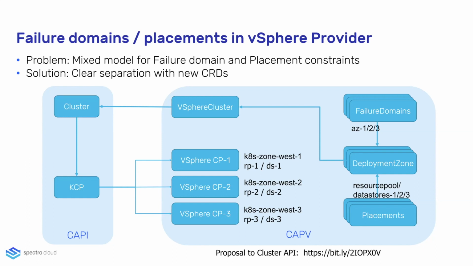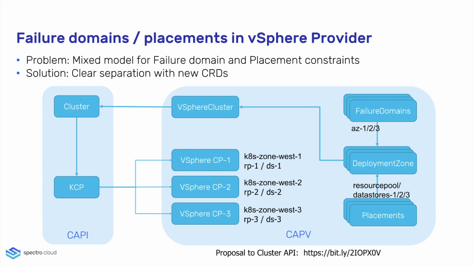These new CRDs are defined outside of a specific Kubernetes cluster. They can be populated by the admin or can be managed by a separate controller, which has higher privileged permission to do, for example, auto discovery, the validation, and even configuration. So take this diagram as an example.